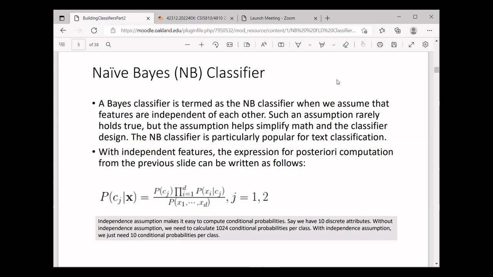So you are multiplying 10 conditional probabilities: the conditional probability of the first component of the feature vector being equal to 1, given that it is coming from class 1, or given that it is coming from class 2. You take the product of these 10 conditional probabilities, and that product symbol is the pi symbol. So that's your naive Bayesian classifier.